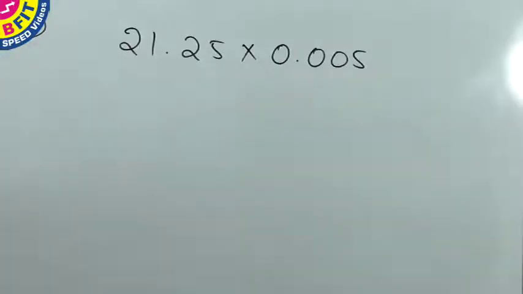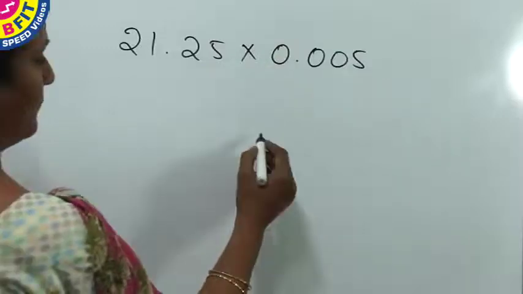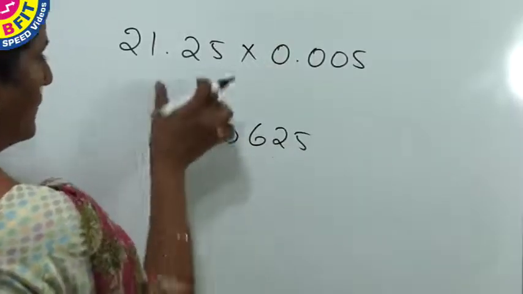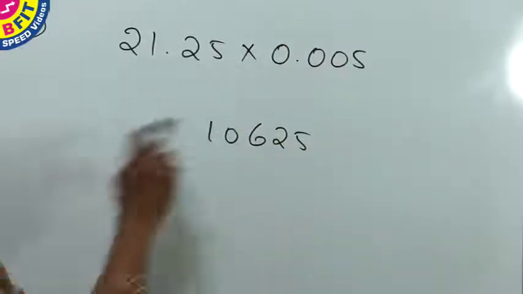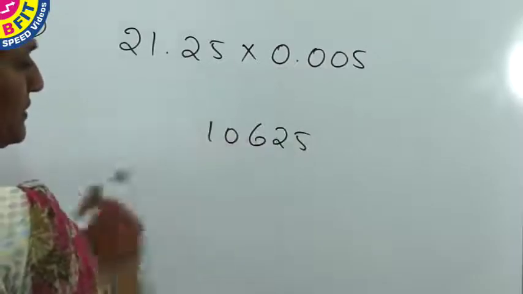So you do normal multiplication first and then count the number of decimals in both the multiplicand and finally place the decimals. So the product of 21.25 into 5: 125 into 5 is 625, 5 into 2 is 10, and you have a total of 5 decimal places.